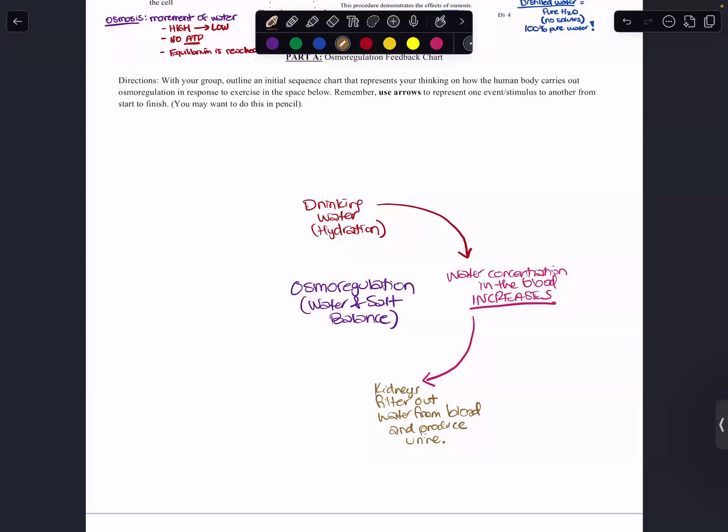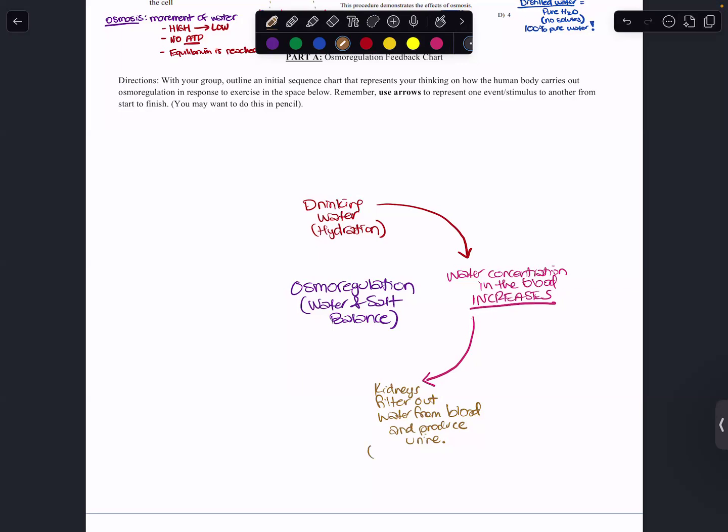So the kidneys are going to filter water out from the blood and help us to produce urine. We want to make sure that those blood cells don't overexpand or overinflate with water because then they risk popping and dying. And we don't want that. We need our blood. It does a lot of really great things for us, right?